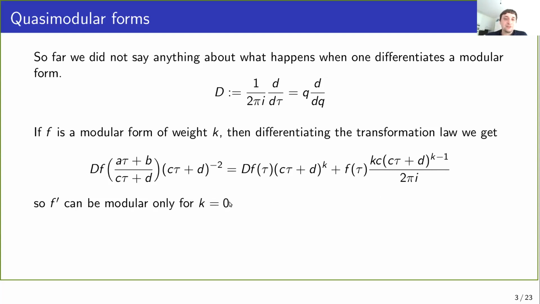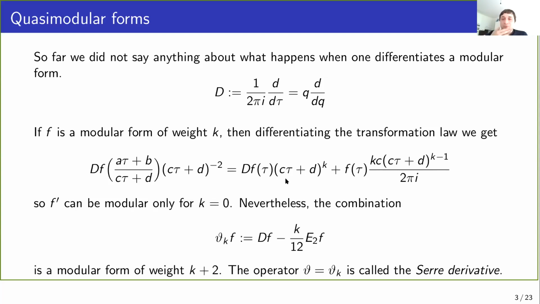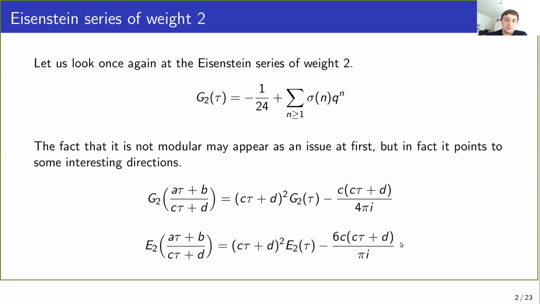What I want to say is that the case k equal to 0 is very easy to see, even without differentiating anything. If you look at the previous slide, this factor over here, c tau plus d to the power -1, or to the power +1, depending on whether you put the automorphy factor on one side or the other, appeared in the transformation for E2.